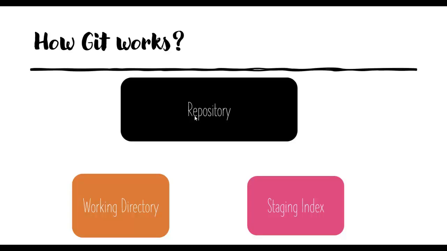A repository contains all of your project's files, the version history of those files, meaning snapshots, and the metadata needed for version control. It serves as a storage space for your project's entire history and current state. Hope all of you are clear with this.